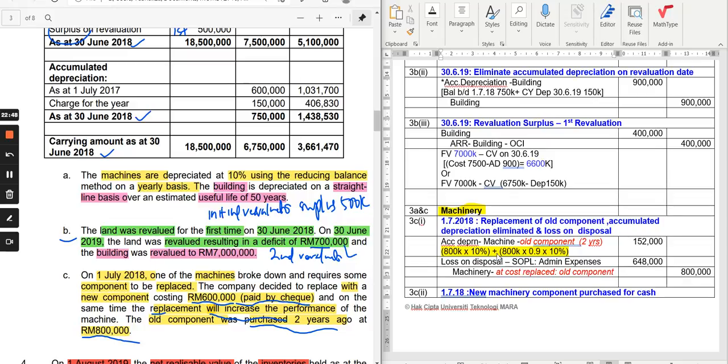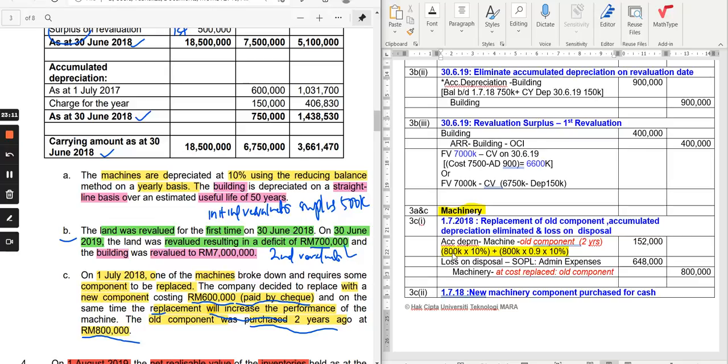We need to replace, so we need to de-recognize the machinery's component that was being replaced. So we will credit the machinery 800,000 with the old component. And the accumulated depreciation related to the old component that is being replaced must also be eliminated. So it will be 152,000.